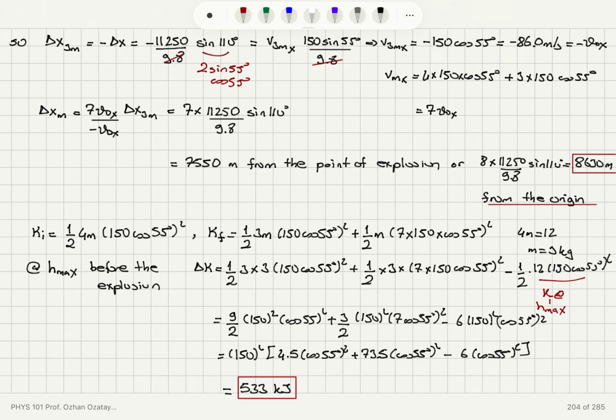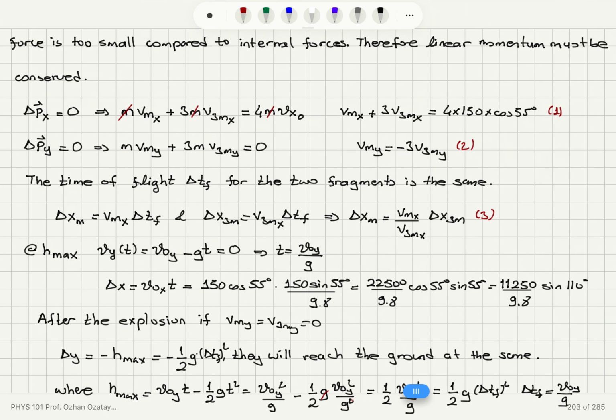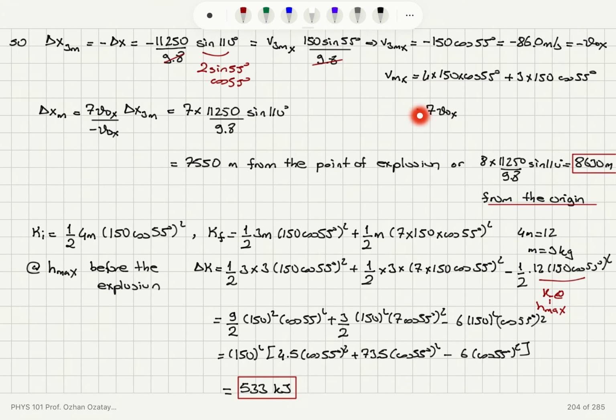So I find that v3mx is minus v0x. And because from this equation I have vmx plus 3 v3mx is 4 times v0x, and if v3mx is minus v0x, then vmx is 4 plus 3, 7 v0x, the x component of the fragment with mass m.